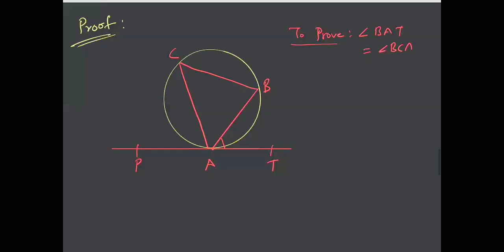So let me give you a hint. What you do is you take the center of the circle and from that center you join the point of contact, that is OA. So take the center as O and join OA. And then you think about this.